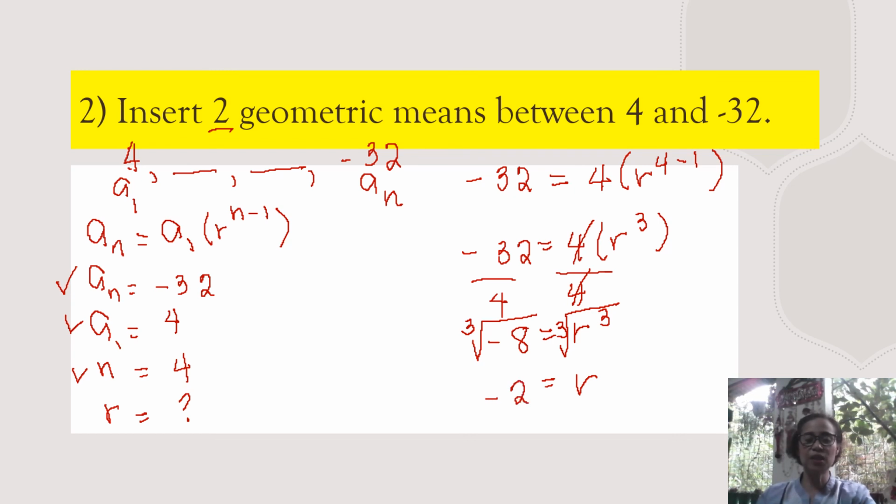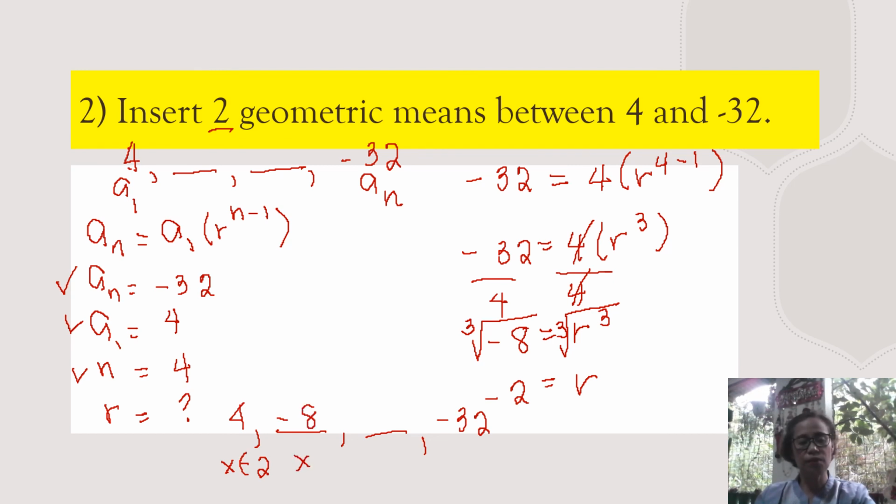So this is not yet the answer. That is just the common ratio. So we are going back now to the problem. 4, blank, blank, and then negative 32. So 4 times the common ratio negative 2 gives you negative 8.